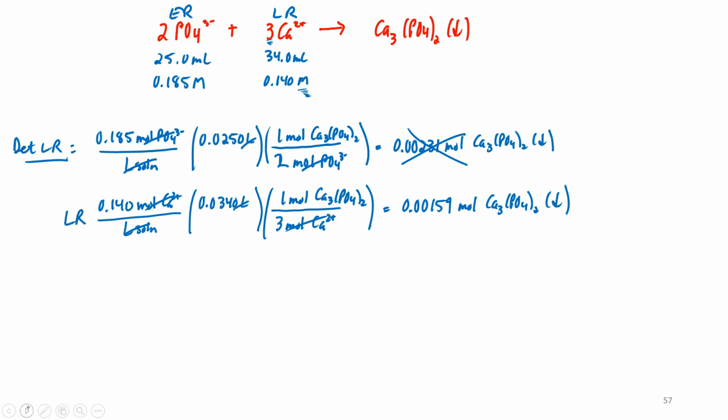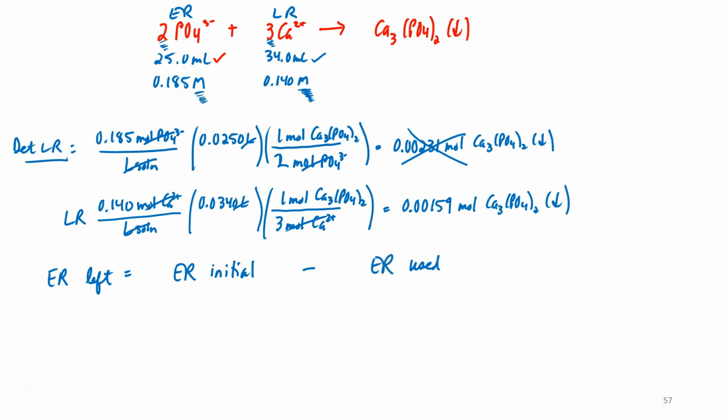So now all we have to do is get the phosphate concentration. The way that we always handle the excess reactant is we say that the excess reactant left over equals the excess reactant initially minus the excess reactant that we used.